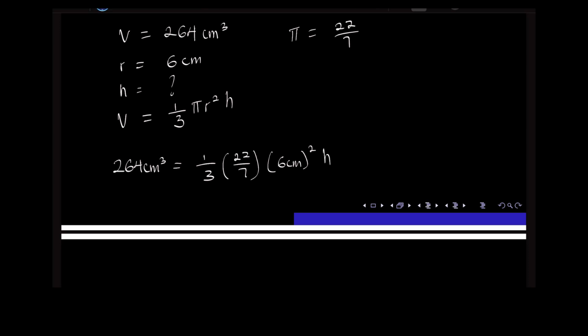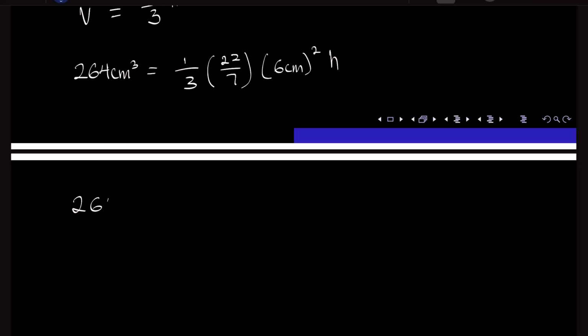Now let's simplify this expression. 264 centimeters cubed is equal to 1 on 3, 22 on 7, and 6 centimeters all squared is going to give us 36 centimeters squared, multiplying the height, which is unknown in this case. Now let's simplify this.